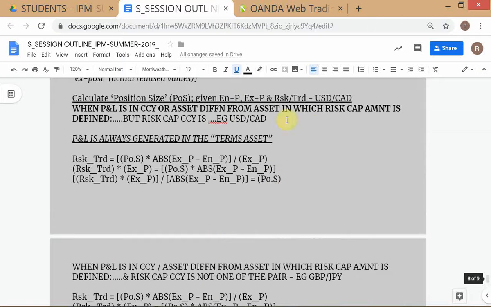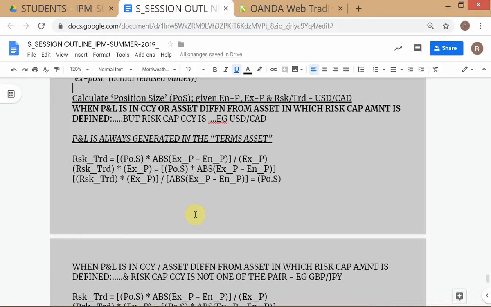So this is a very important point, that you have to understand which currency your PNL is being generated in, and which asset, in general terms, since we don't want to talk only about currencies, your P&L is being generated in, and which asset your risk capital is defined in.